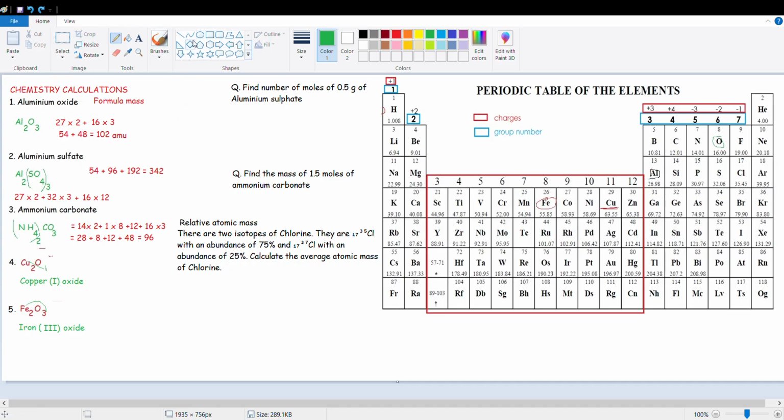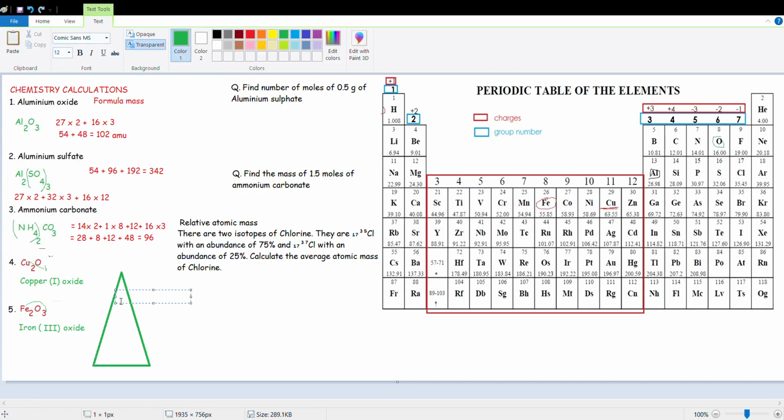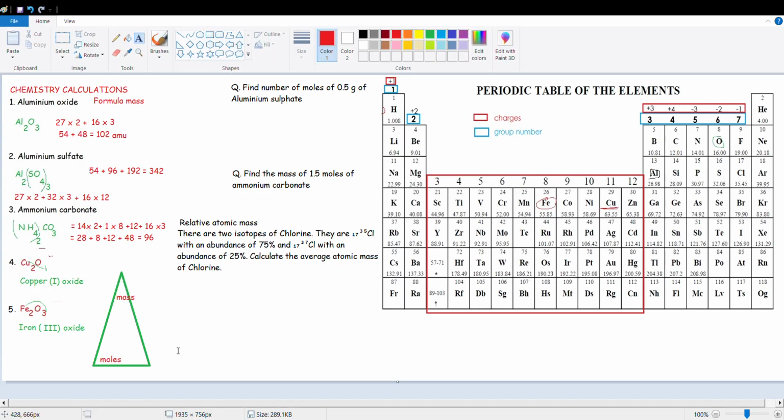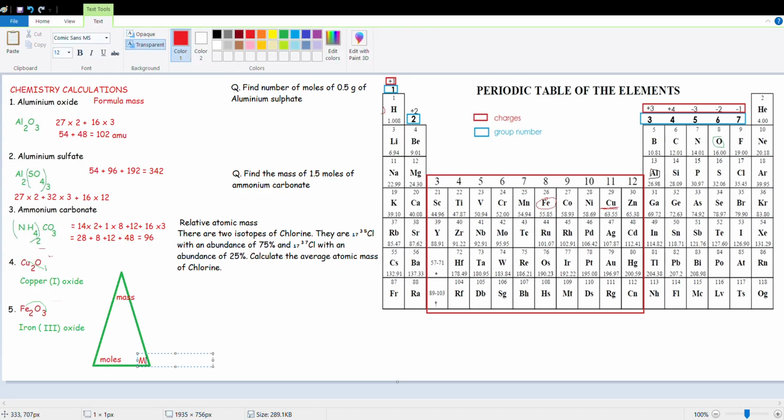So write it from here and here. All right, so I write here mass, and probably change the color so it is more clear, and moles, and I write here Mr, which is relative molecular mass.